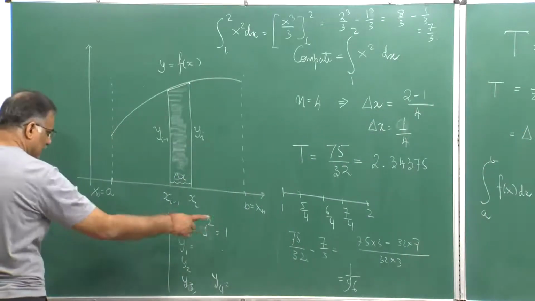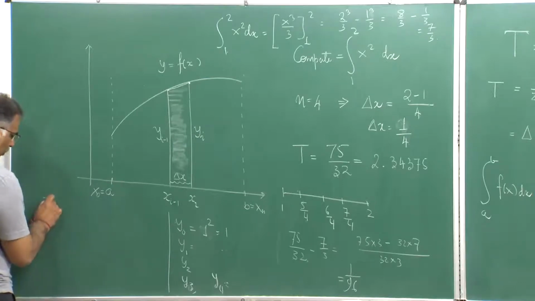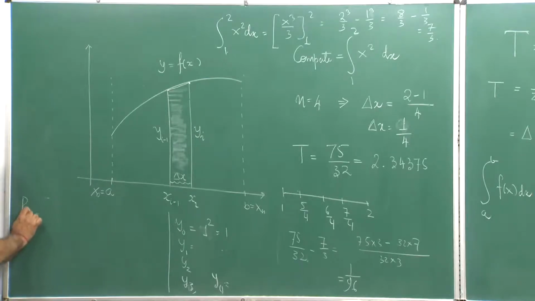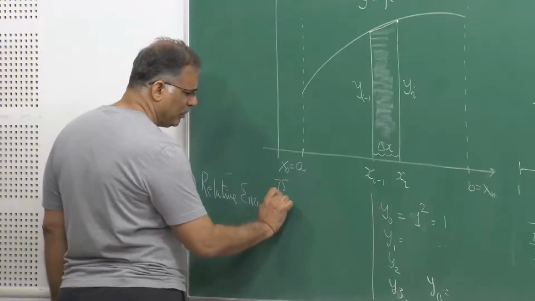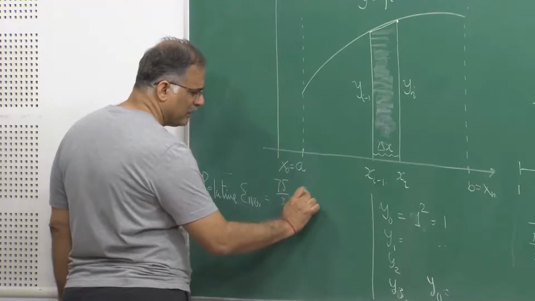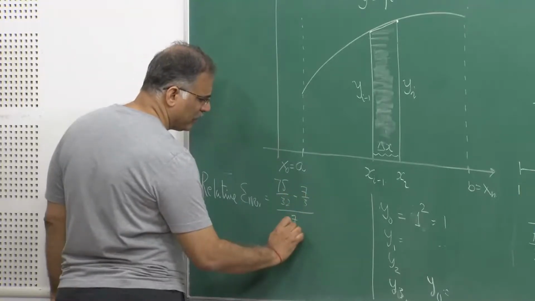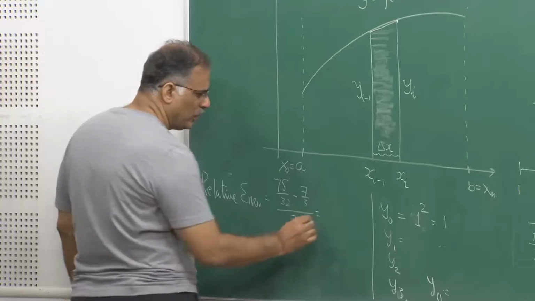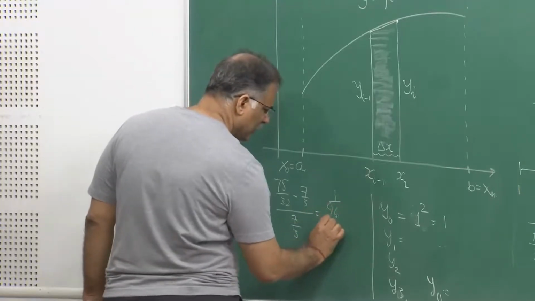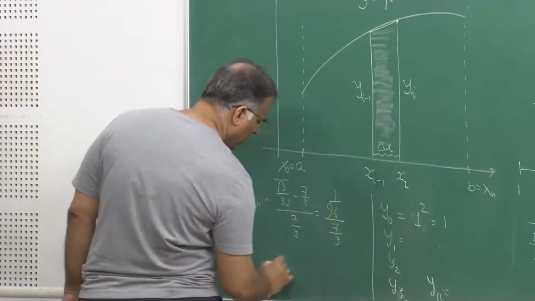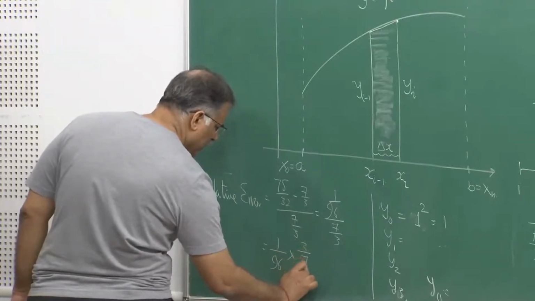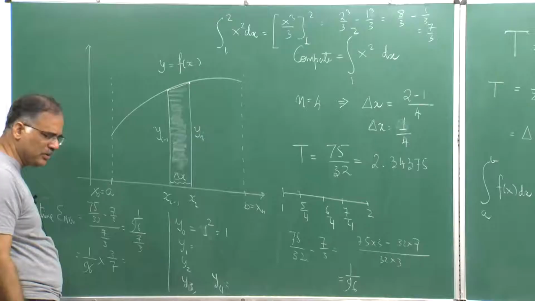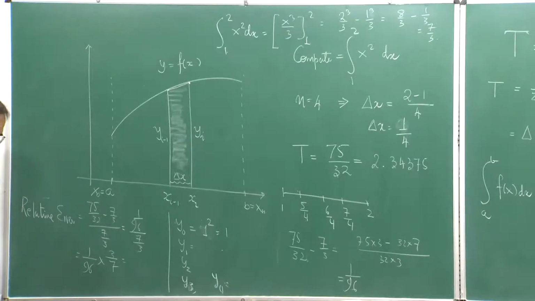And you see that this error, there is something called relative error. This is like a unitary method. Relative error means nothing but 75 by 32 minus 7 by 3 divided by 7 by 3. So, it is equal to 1 by 96 divided by 7 by 3, which is nothing but 1 by 96 into 3 by 7, and 3 I can cut.